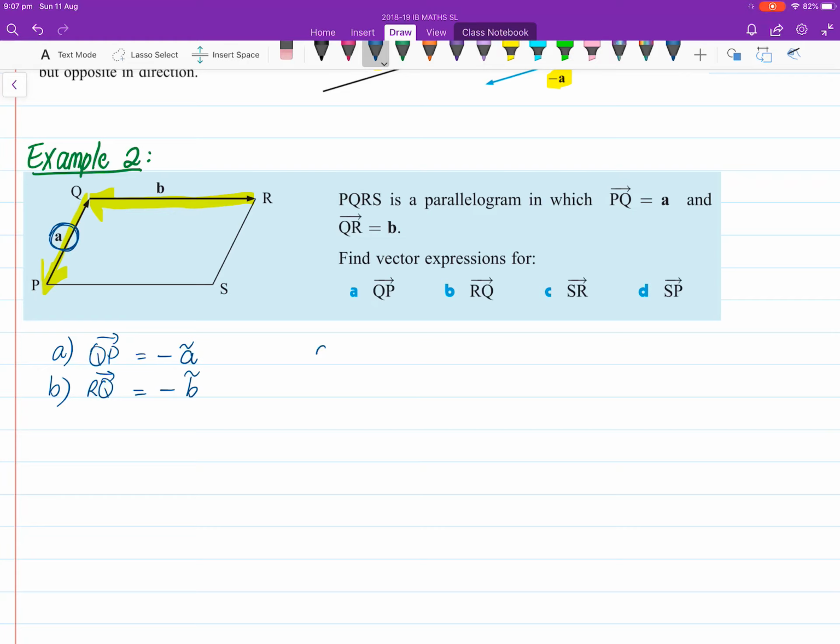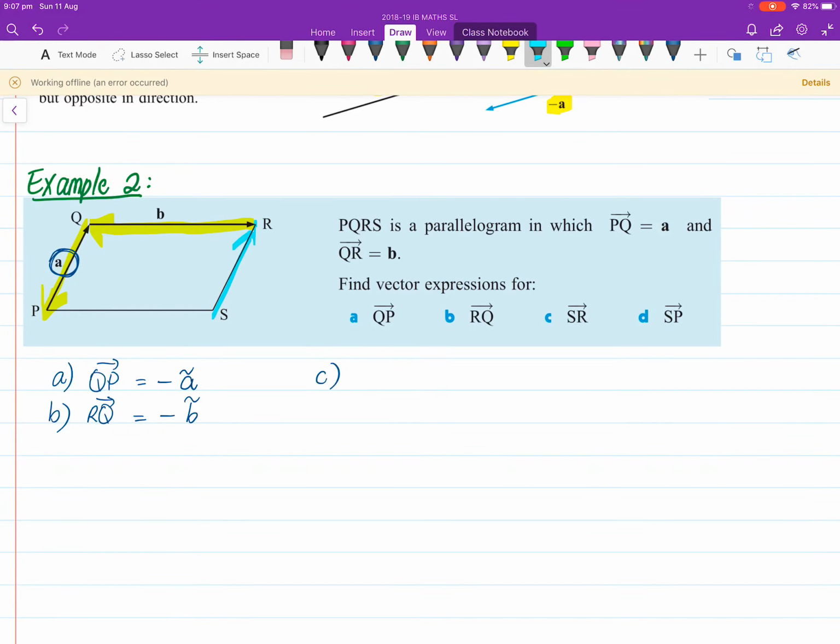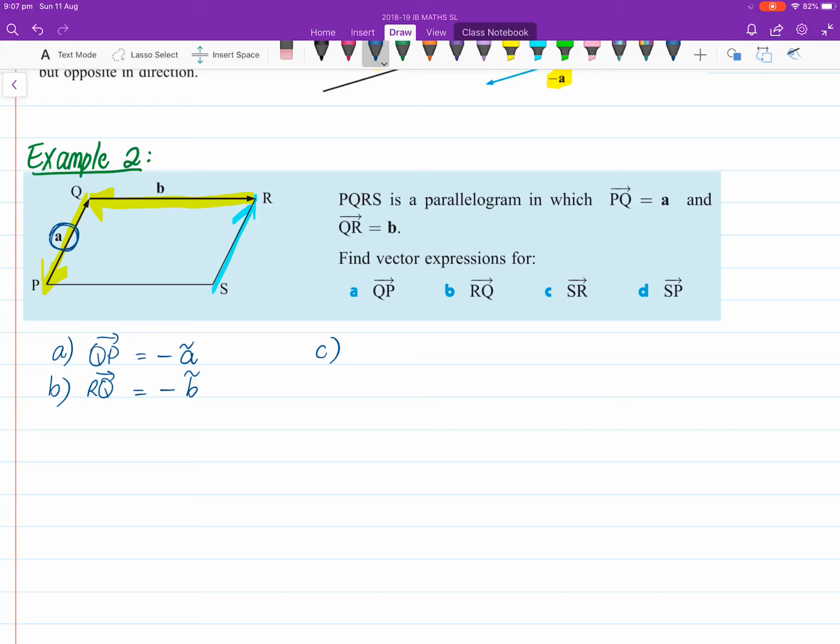And then what about question C? SR. So SR is going this way. Now, can you see that it's parallel to PQ? And it's the same magnitude because it's a parallelogram, so it's at the same distance.